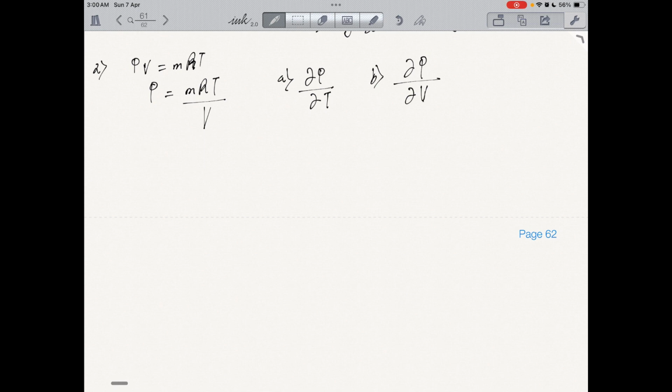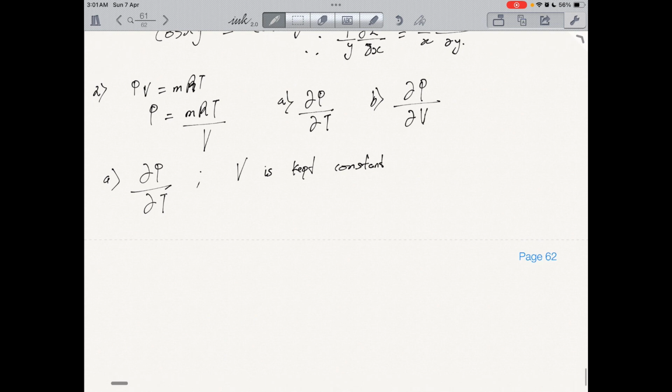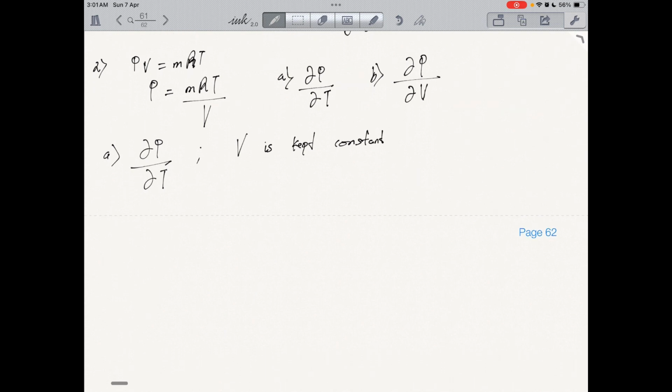Now with this done, let's start with partial derivative of P with respect to T. In this case, our V is kept constant because we know that P here is a function of both temperature and volume.